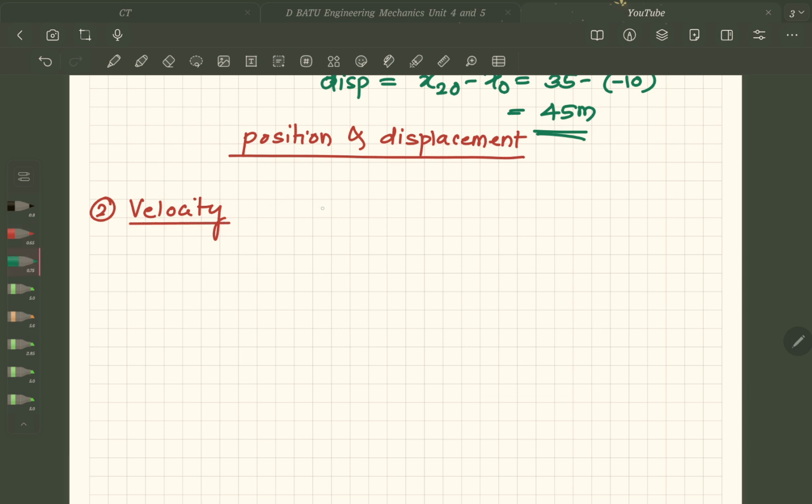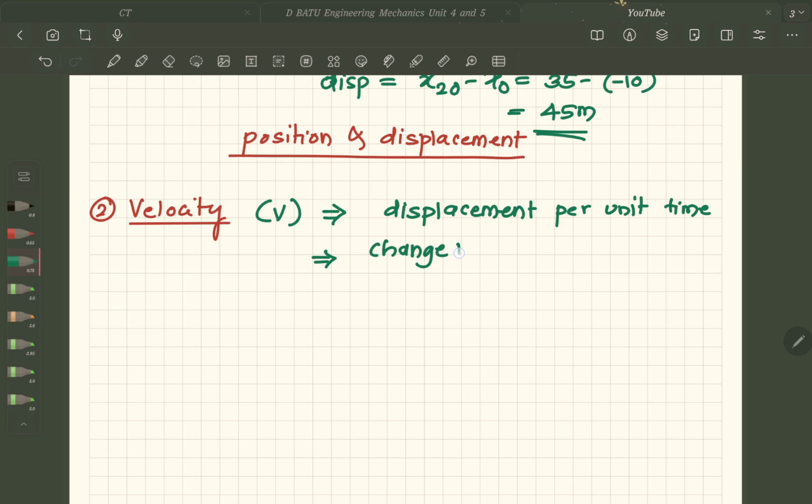So velocity is generally indicated as v, and it is defined as displacement per unit time, or in other words we can say change in position with respect to time. So what does that mean?